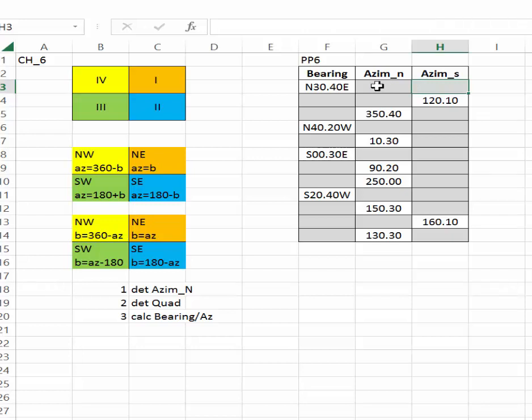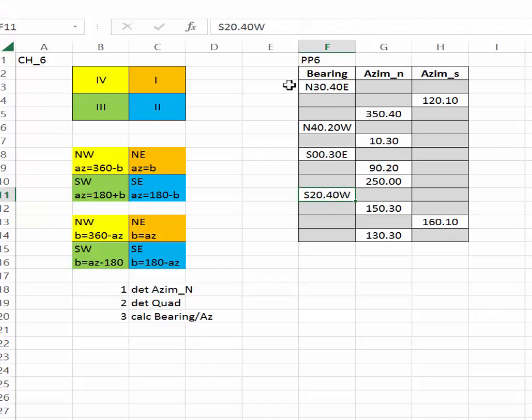But nonetheless, the book has this table. So from the bearing, they want you to convert to a north azimuth and a south azimuth. And then you can see you're given different azimuths and bearings and asked to complete the table for the other two types.